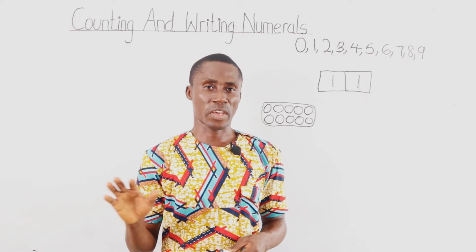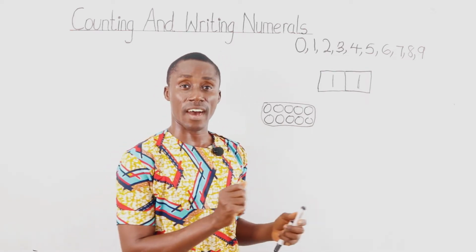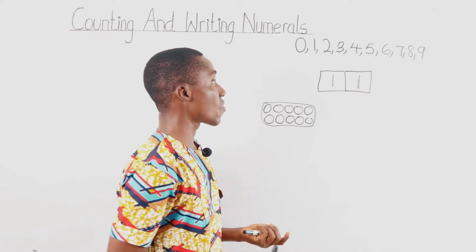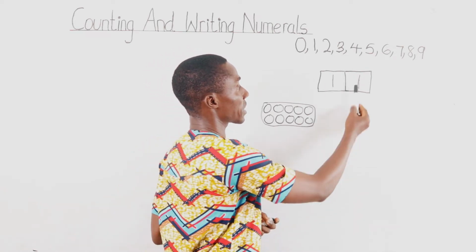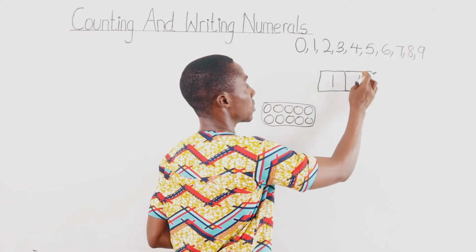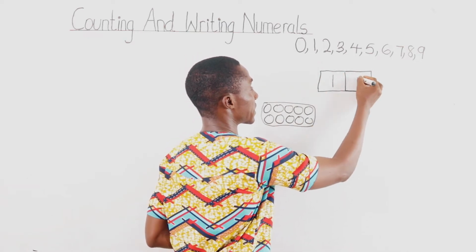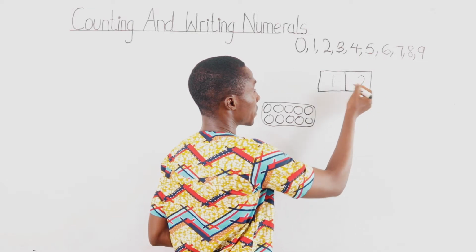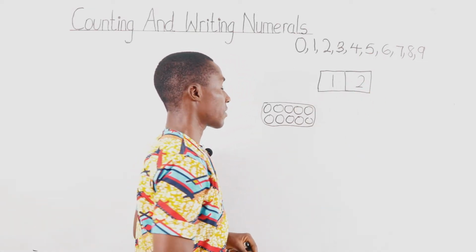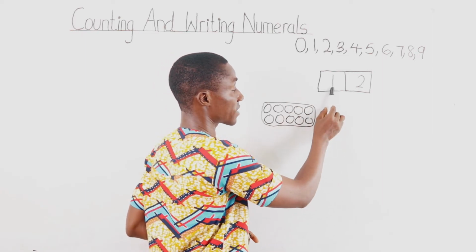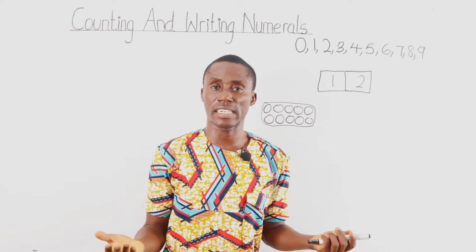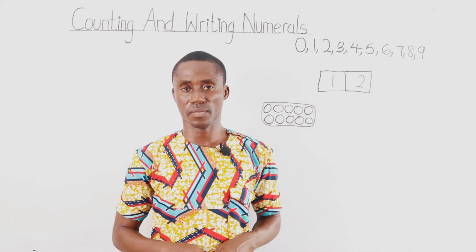Well, we pick one more orange and add it to the 11 oranges, and the new one is going to increase this place to the digit 2, and therefore we will put the digit 2 into the first number place. And this is going to give us 1 ten, 2 ones, giving us the number 12.